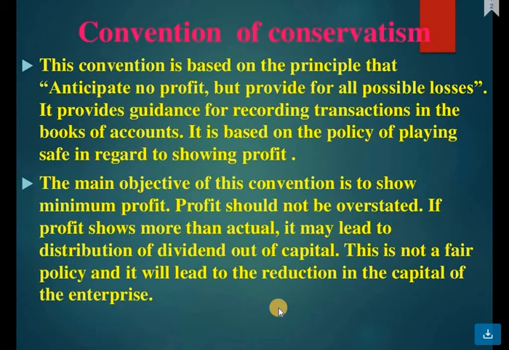When there is no profit and you have to give the dividend, you have to use capital itself. When you are showing actual profit, it is good enough to give the dividend. If you are showing more profit, then you have to use your capital, and in turn you will lose the capital of the enterprise. So this is all that conservatism says.